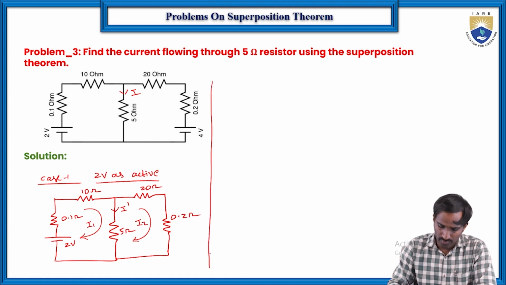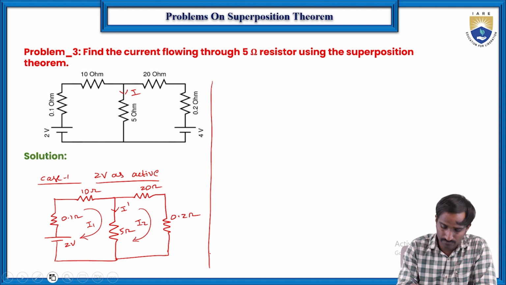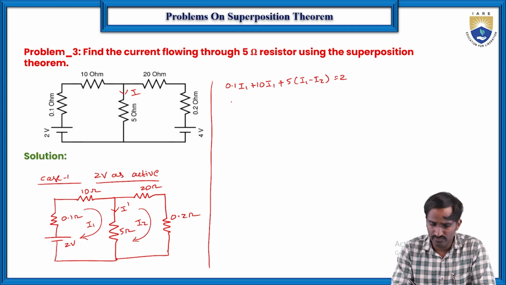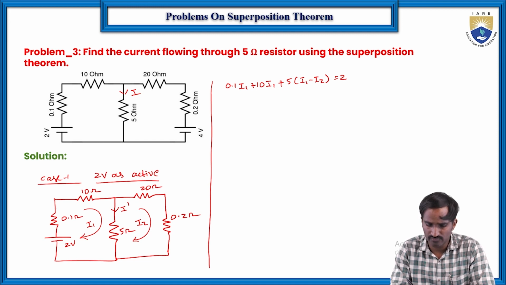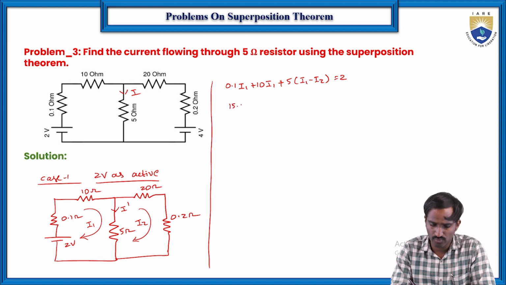For the loop equation: 0.1 into I1 plus 10 into I1 plus 5 into I1 minus I2 is equal to 2. If you simplify this, 15.1 I1 minus 5 I2 is equal to 2. Let us consider this as equation number 1.